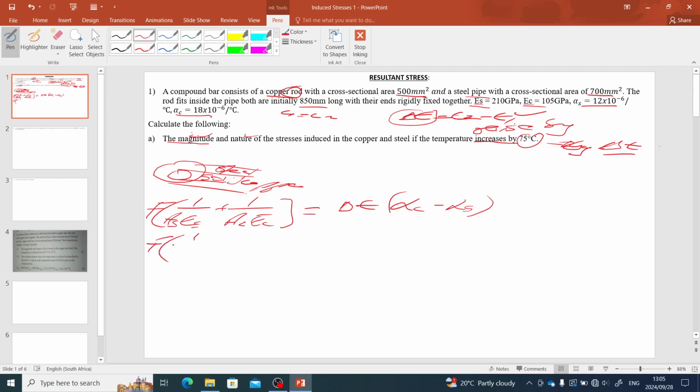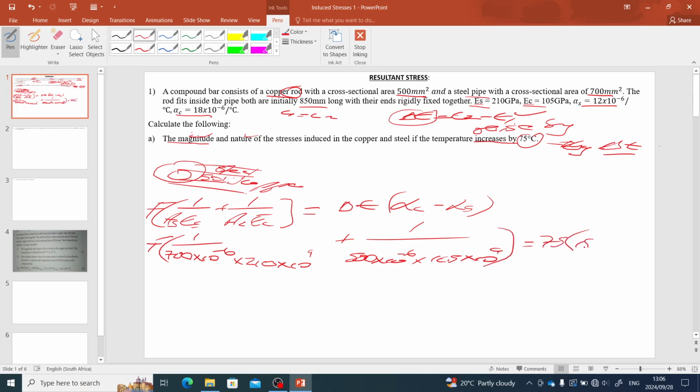Force equals 1 over, we are given the steel as 700 times 10 to the power negative 6, since it is in millimetres squared, multiplied by 210 times 10 to the power 9, plus 1 over 500 multiplied by 10 to the power negative 6 multiplied by 105 times 10 to the power 9, close bracket, equals 75 times 18 minus 12 multiplied by 10 to the power negative 6.